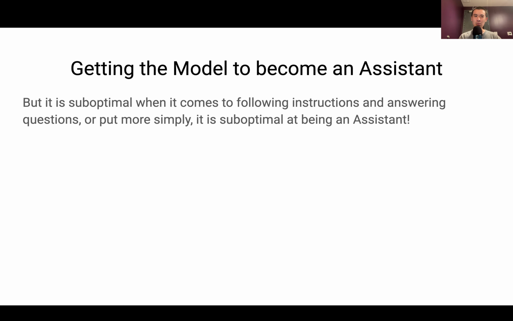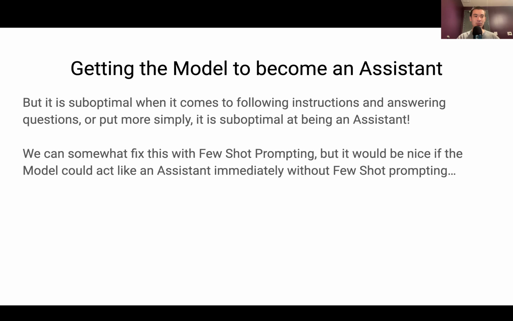But this base model is suboptimal when it comes to following instructions and answering questions. Or put more simply, it is suboptimal at being an assistant. We can somewhat fix this with few-shot prompting, but it would be nice if the model could act like an assistant immediately without few-shot prompting.